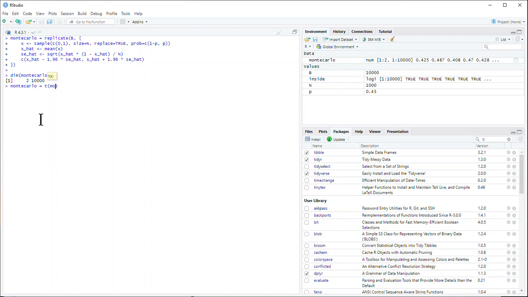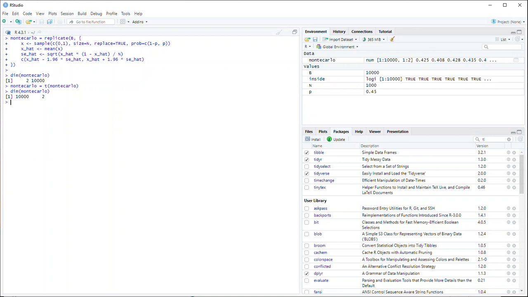So I'm going to use this t command. So Monte Carlo equals t of Monte Carlo, that's what this t stands for, transpose. And so now, if I ask for the dimensions of Monte Carlo, I have 10,000 rows and 2 columns, and those are my lows and highs.